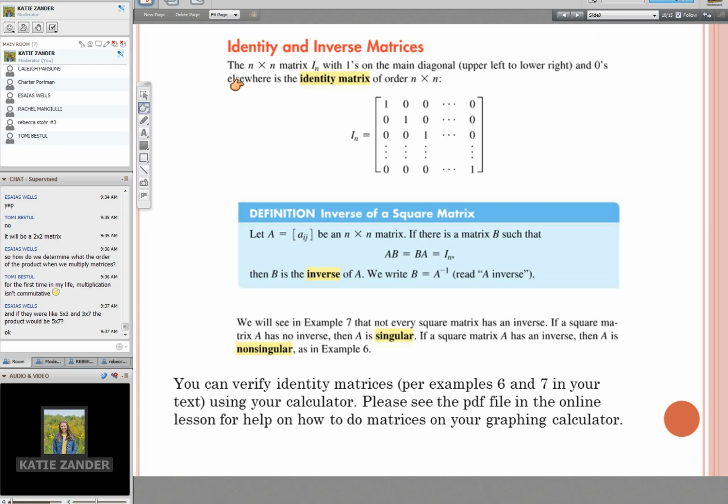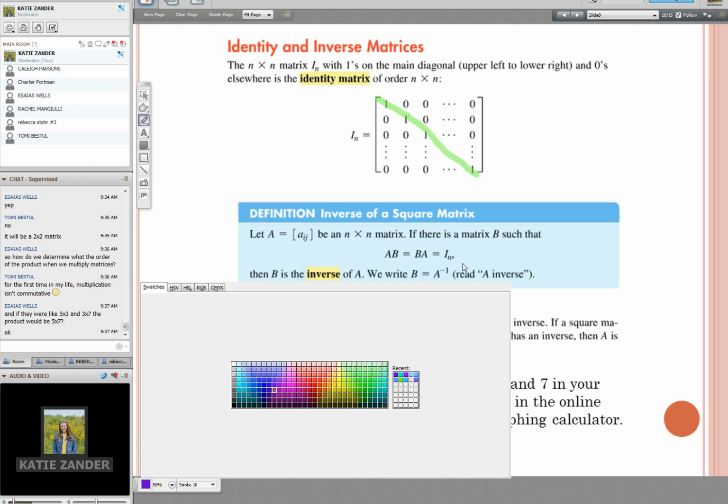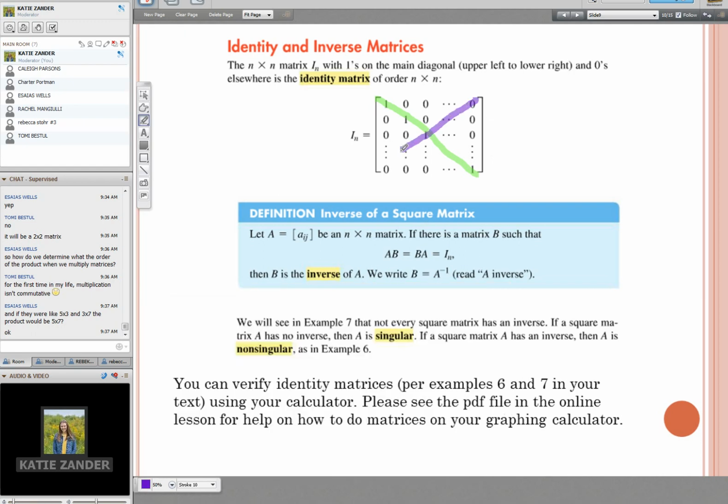All right, so your identity matrix basically has 1's along the diagonal, and we call this the main diagonal because that's kind of how you draw your X, right? You always move in this direction when you make an X. So that's what we call the main diagonal. If you were to multiply this direction, that's called your minor diagonal.